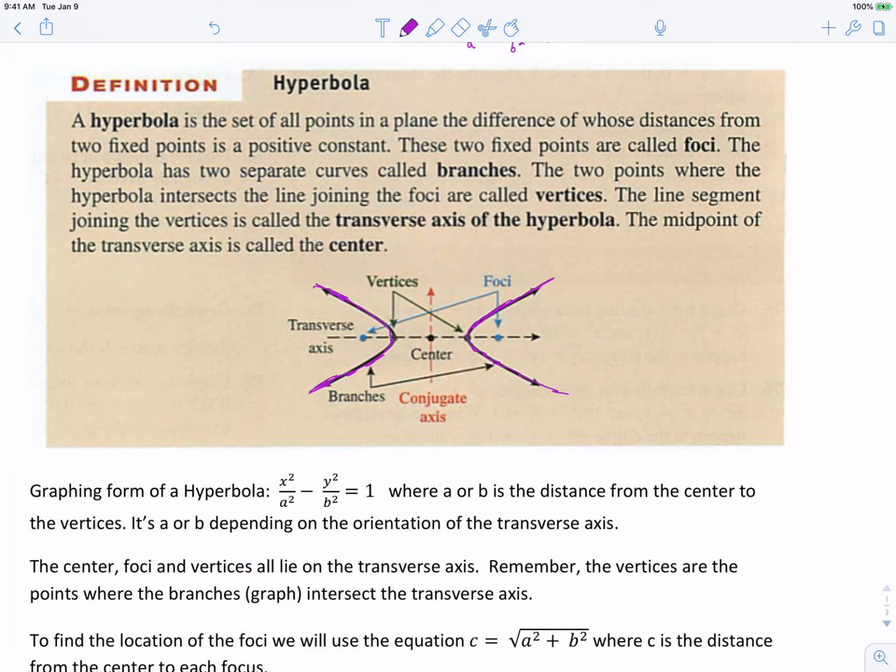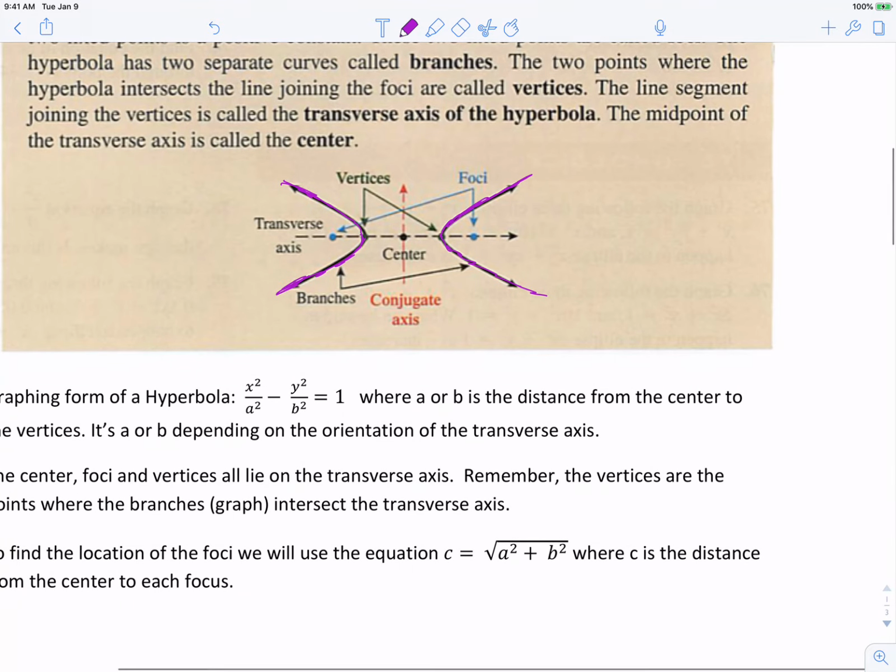It's similar to the ellipse, but the difference is the distances back to the foci are now subtracted. So if I have a point on the hyperbola, like let's say right here, this distance back to one focus, I'll say the purple, and the blue, the distance back here to the other.